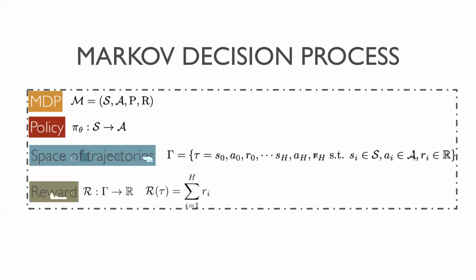Here are some notations I'll use throughout the slides. I may not use them too much, but they're there. The first is an MDP, which we usually denote as a tuple made up of a state space, an action set, the transition dynamics, denoted P here, and the reward function.